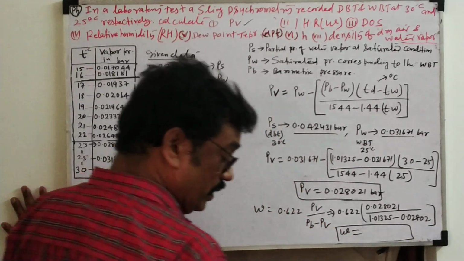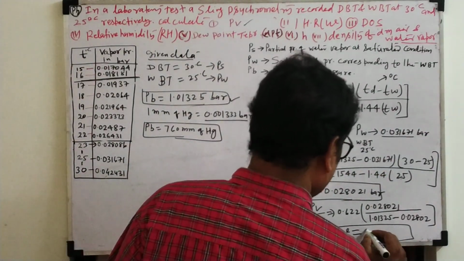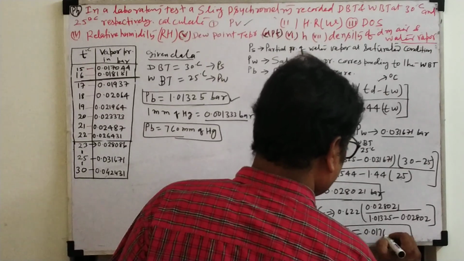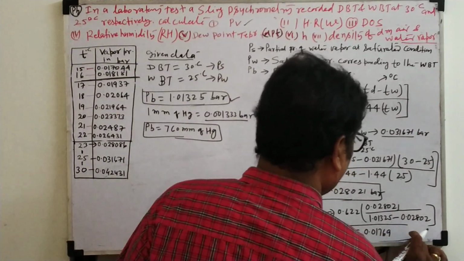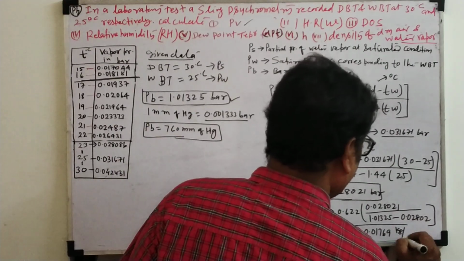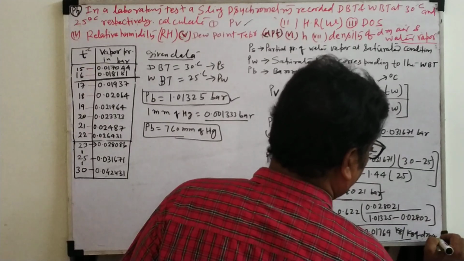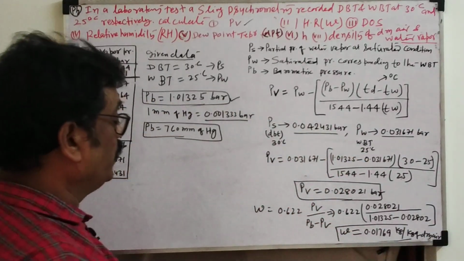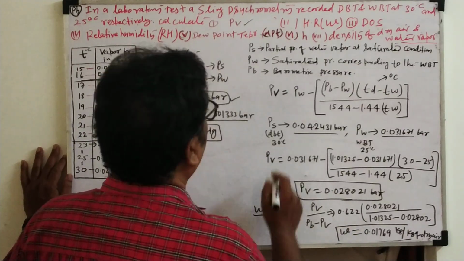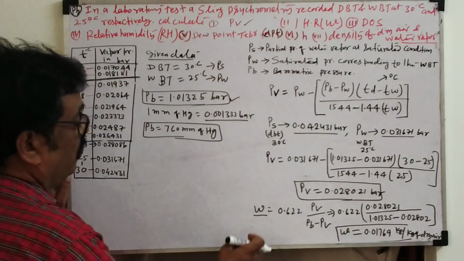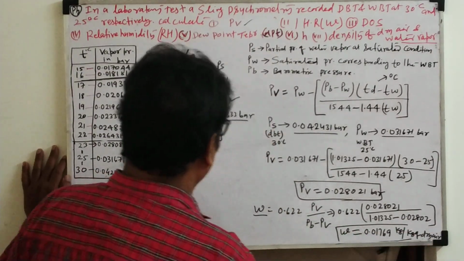W value you will get, already we have the calculation, 0.0176, 0.0169. The unit will be kg per kg of dry air. So specific humidity or humidity ratio or humidity, this W is nothing but the humidity ratio. This value we got. Third one is degree of saturation.